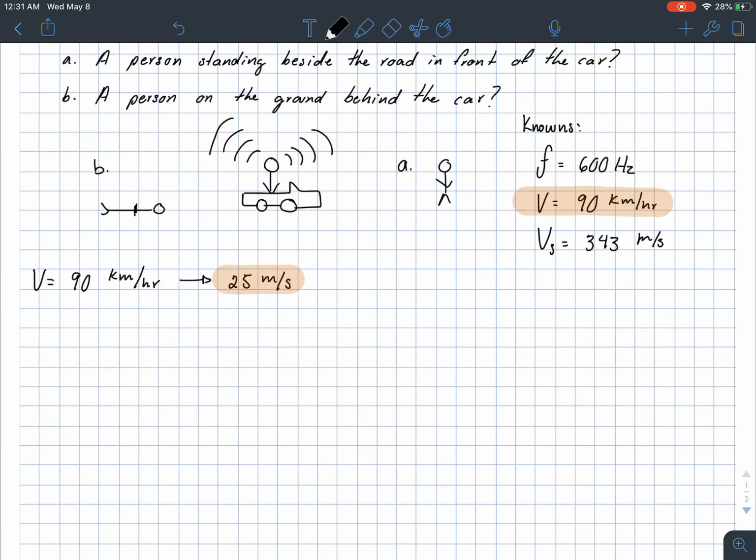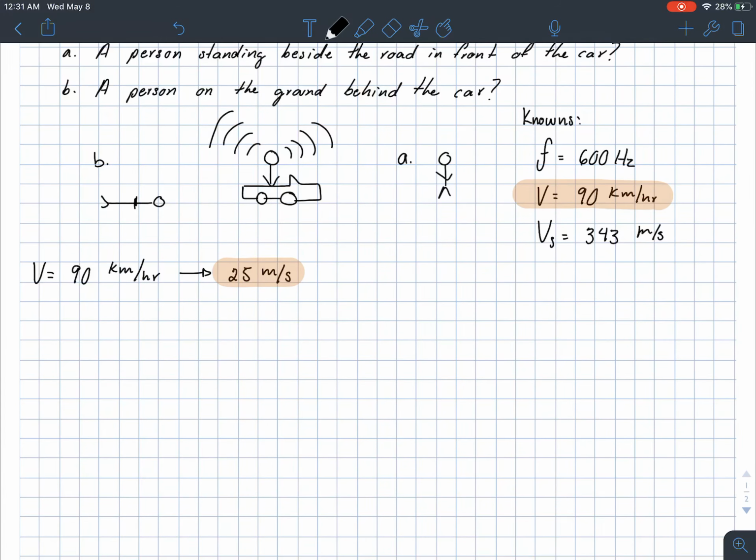So part A, a person standing beside the road in front of the car. What is that frequency? Now there's a formula we can use, which is f plus is equal to f naught over 1 minus Vs over V naught.